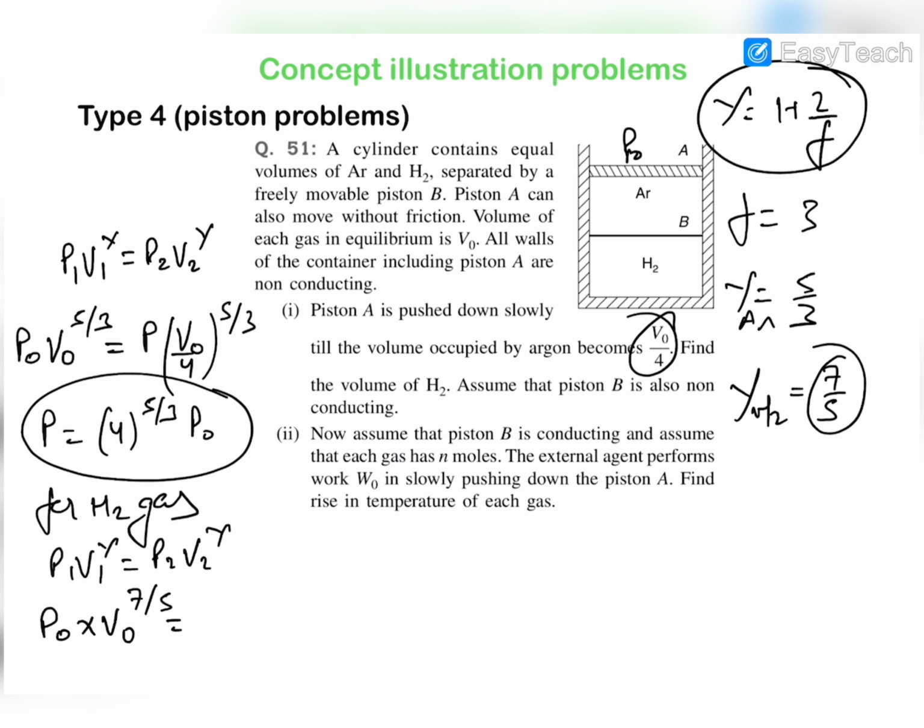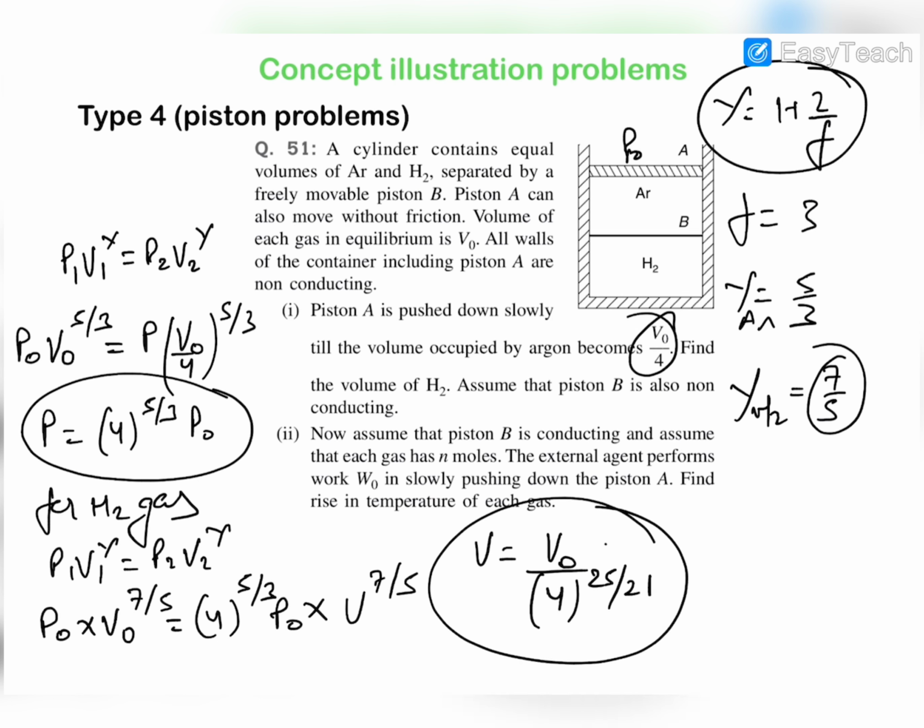So the final pressure of the hydrogen will be 4 to the power 5 by 3 of P naught, and the volume of the hydrogen is V, so it is V to the power 7 by 5. So V will be equal to V naught divided by 4 to the power 25 by 21. This is the final volume of hydrogen gas.